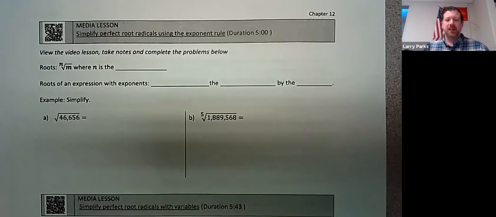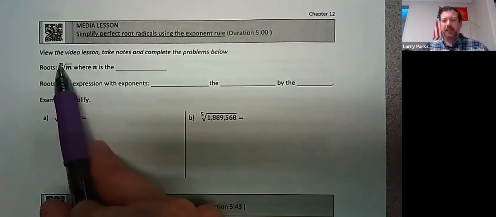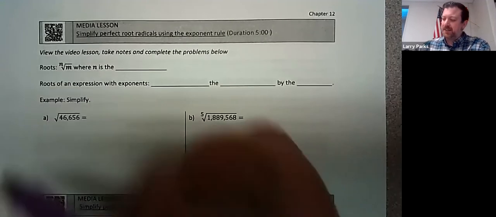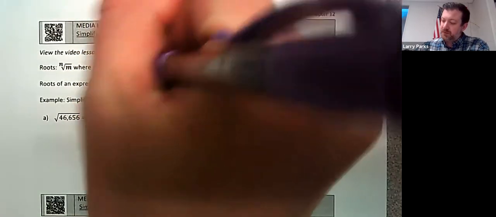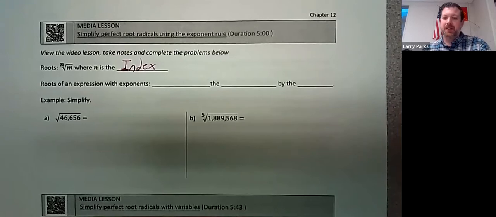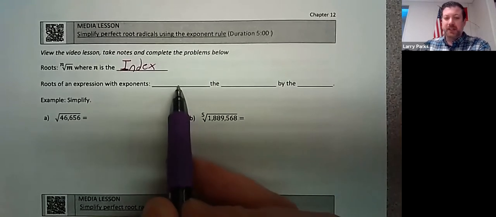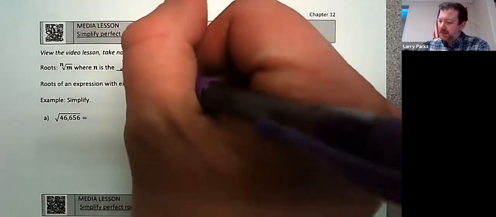And so remember, n right here, that's what we call our index. And remember, you're going to divide your exponent by the index.